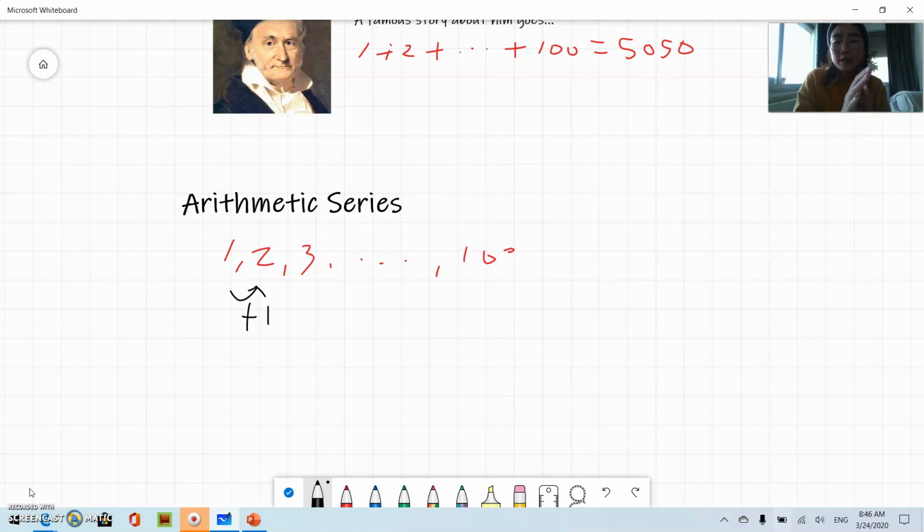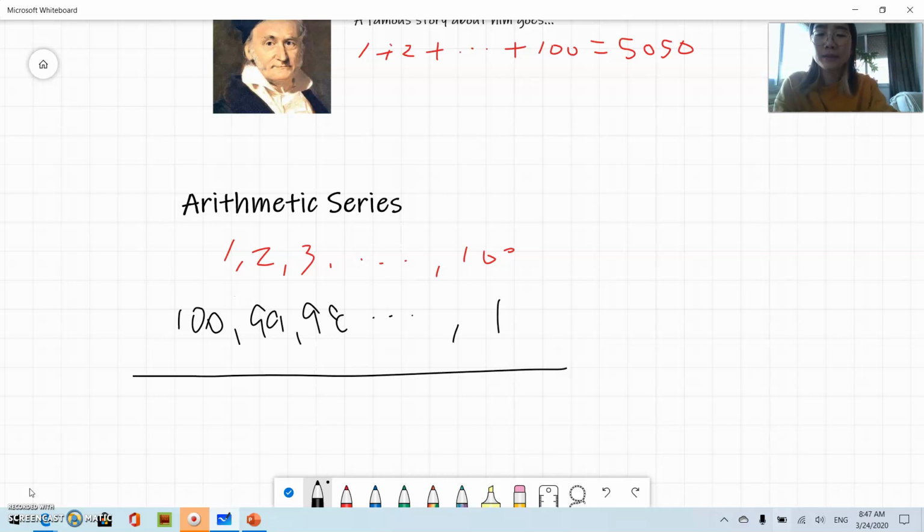So what Gauss realized was that if you relist this sequence backwards, so from 100, 99, 98, down to 1, and add them together, you actually get 100 100s.